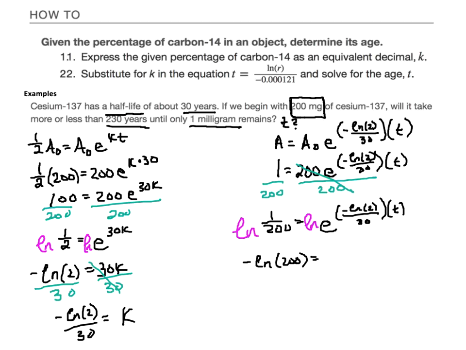The ln of e raised to the negative ln of 2 over 30 times t, well, at this point, that entire exponent comes down as the coefficient, and the ln of e is just 1. So the right side is now negative ln of 2 divided by 30 times t.